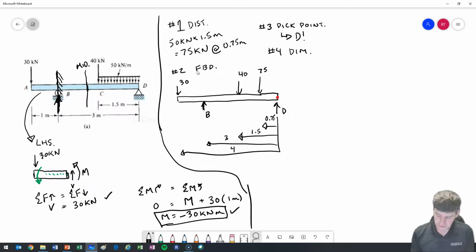Because this is a simply supported beam, my step number 5 is going to be my sum of moments. Sum of moments in one direction has to equal sum of moments in the opposite direction.